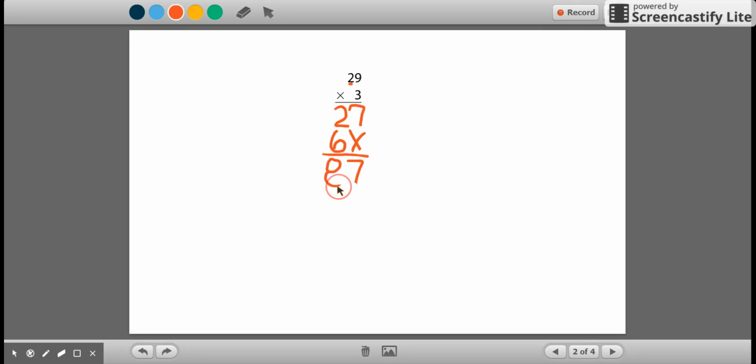All right, now these 2 numbers are what we call partial products. Partial products, they're part of the answer, partial pieces of the answer. So these are partial products. It's important to remember that this is the partial product method of solving a multiplication sentence.